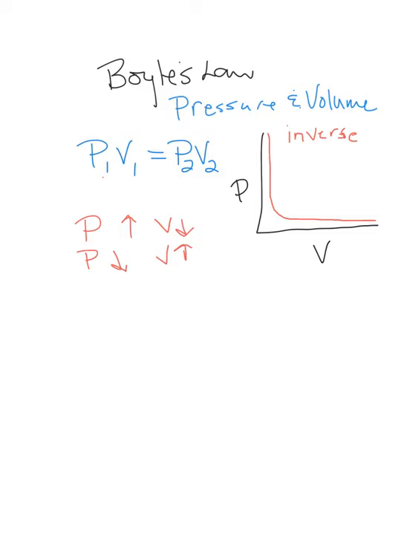Remember, gases, according to kinetic molecular theory, technically don't have any volume because they're occupying a container and they're moving around. I could have, let's say, 5 grams of helium.